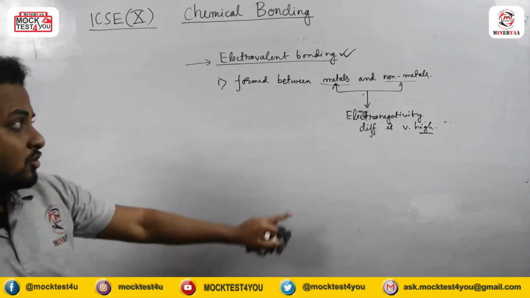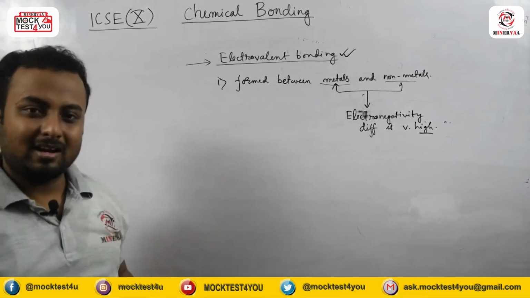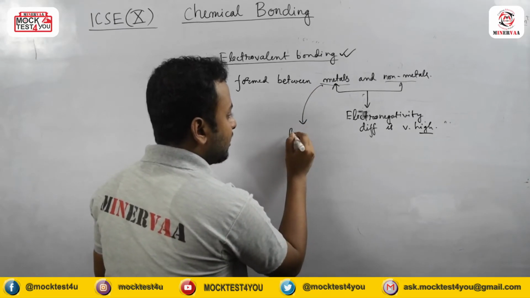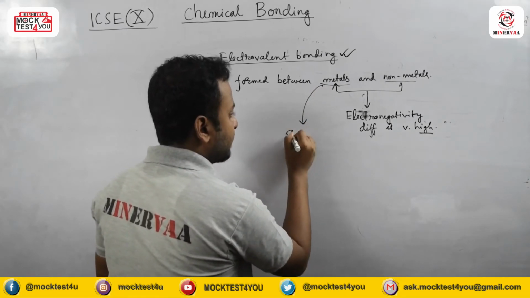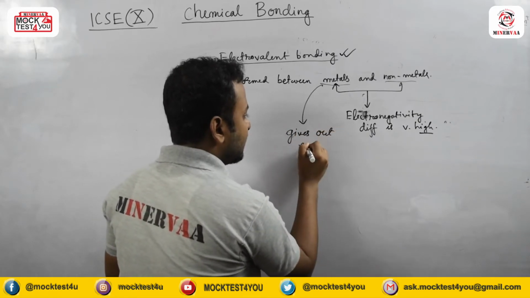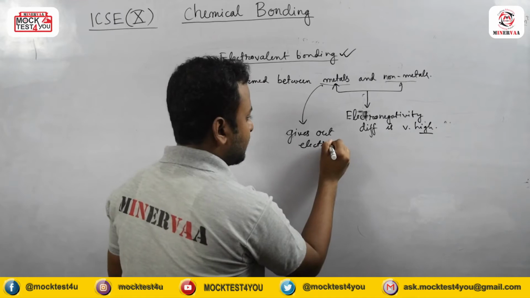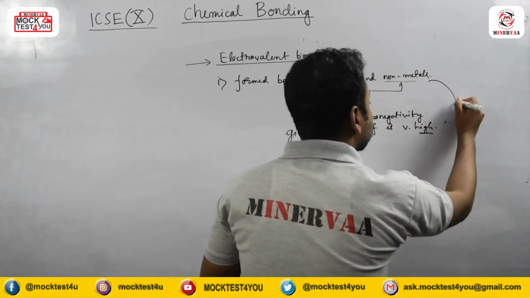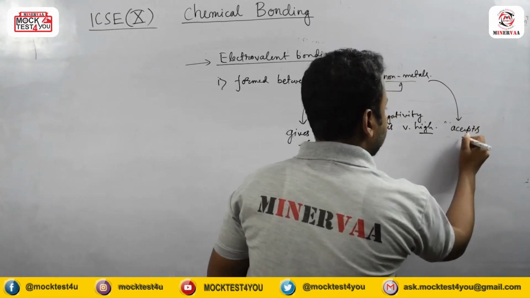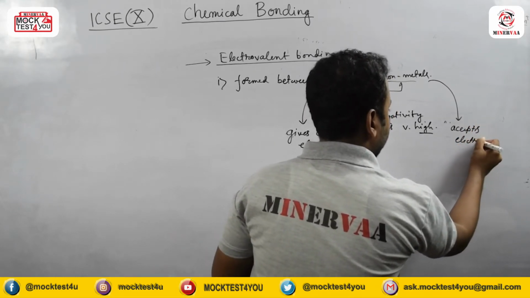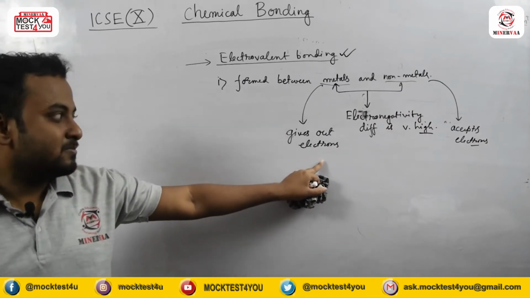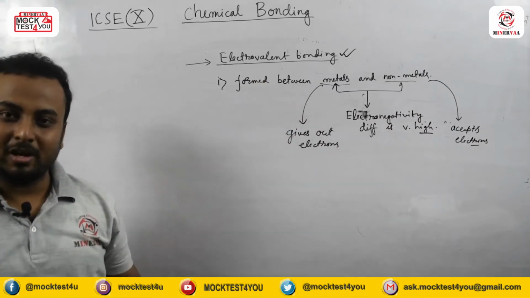So we all know what a metal does. Metal gives out electrons. This is a property of metals. What is the property of non-metals? It accepts electrons. Now the next question comes: why does a metal give out electrons?